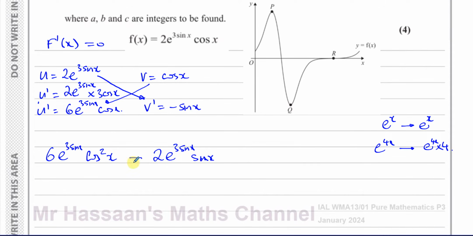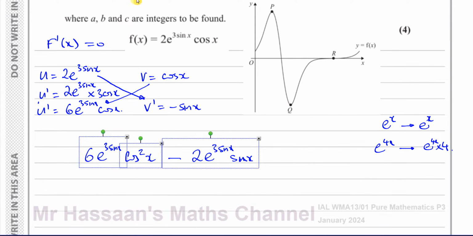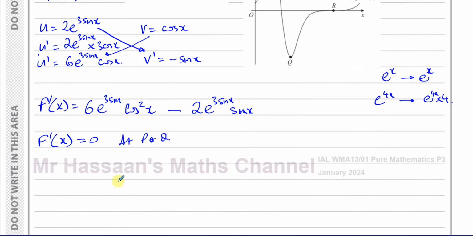I'll just put the minus on the outside there. So this is f dash of x. This is the gradient function. And we know that at the turning points, f dash of x equals 0 at P and Q. So we're going to now equate this to 0.